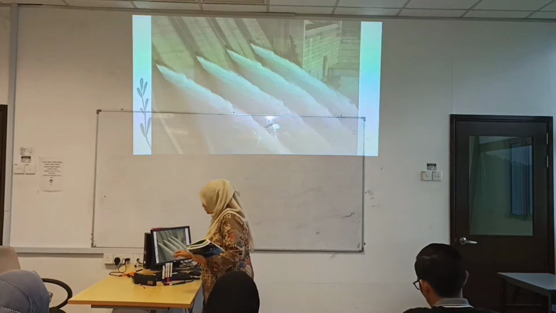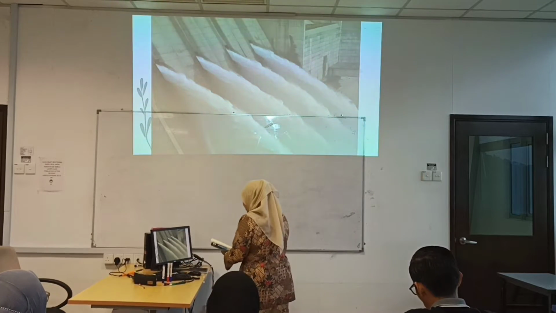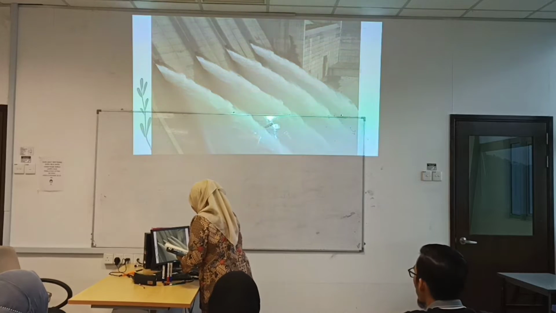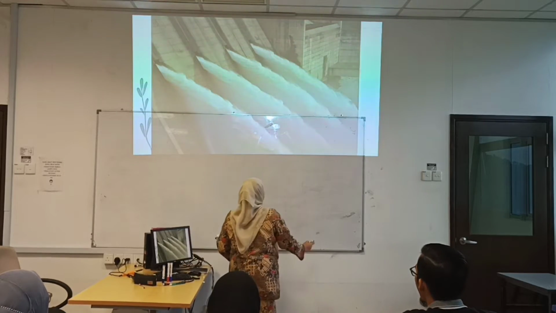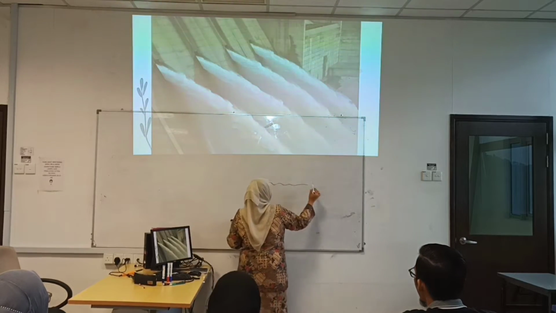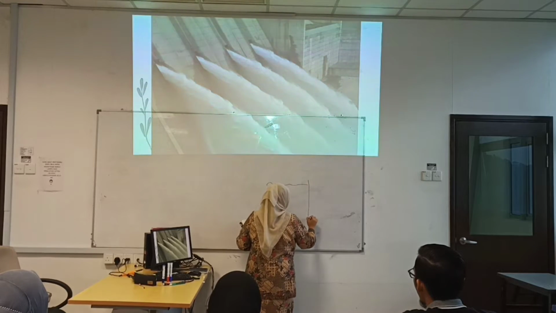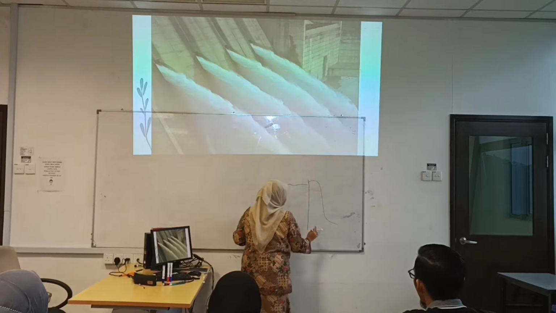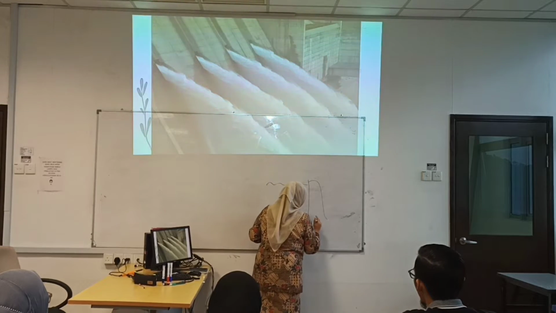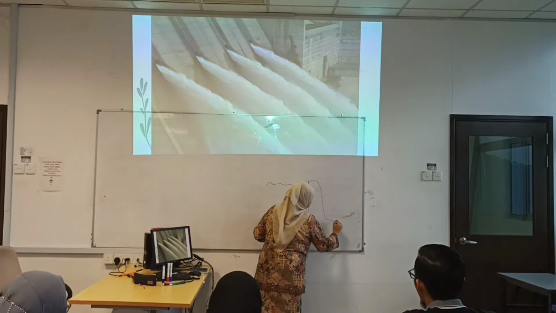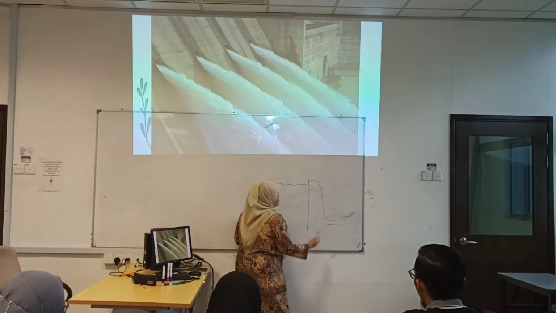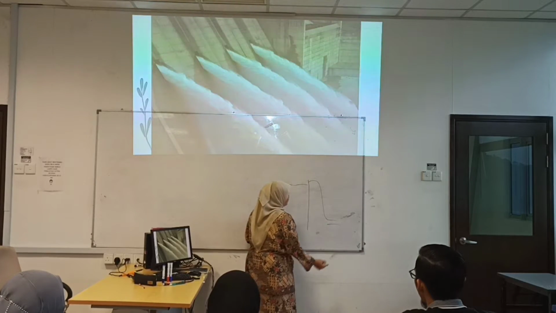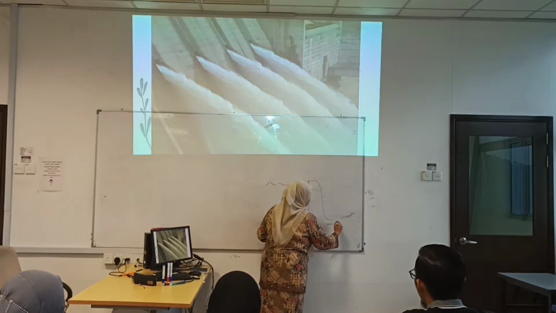So let me show you a cross-sectional picture of the dam. Here is the water. This is the wall of the dam. And then at the base of the dam, the water will shoot out. Okay, the water will be discharged here.